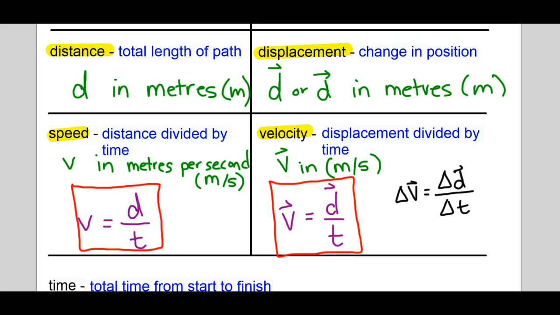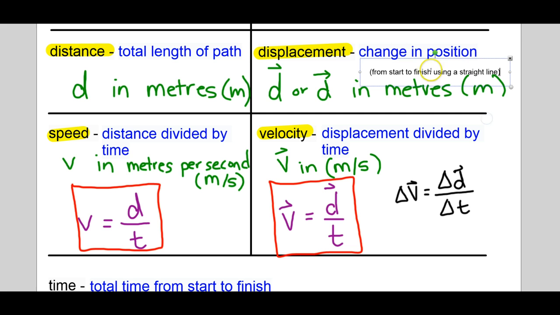Let me add that in there, because that's important. A change in position, from start to finish, using a straight line. You're going to see what I mean by this in a minute. I'm going to make this bigger just so you can see this.